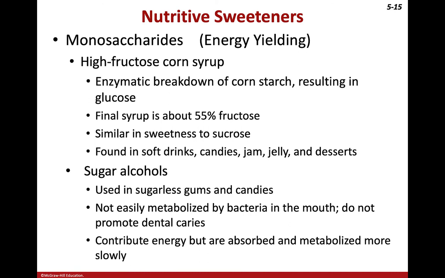High fructose corn syrup is very similar in sweetness to sucrose. Places where you're going to find it: soft drinks, candies, jams, desserts, and so on. The other type of monosaccharides that are nutritive or energy yielding in nature are the sugar alcohols.